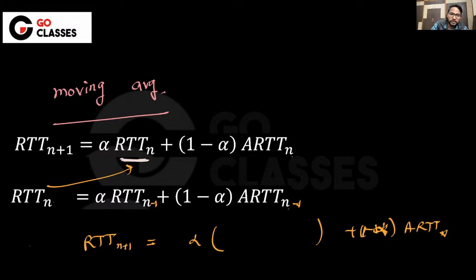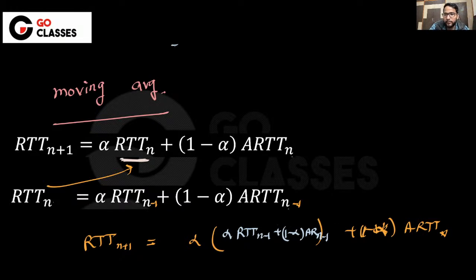So if you put this thing, then it will be alpha squared RTT n minus 1 plus 1 minus alpha actual RTT n minus 1. So basically you are having alpha squared, alpha into 1 minus alpha, these kinds of terms here. So if you keep on unrolling, then it will be alpha cubed and these things.